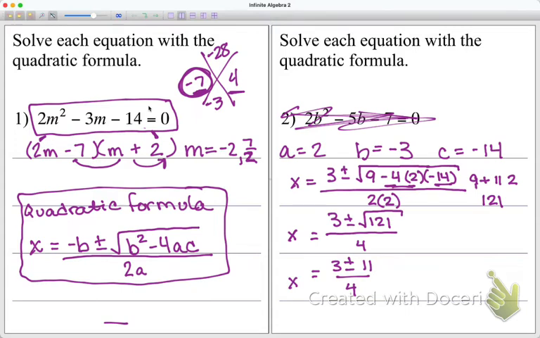Okay, well, 3 minus 11 is negative 8. So I get negative 8 over 4, which is negative 2. And then I have 3 plus 11 is 14 over 4, which is what?